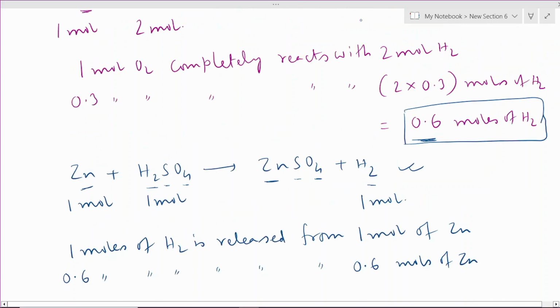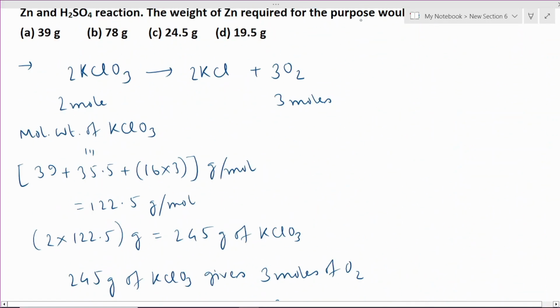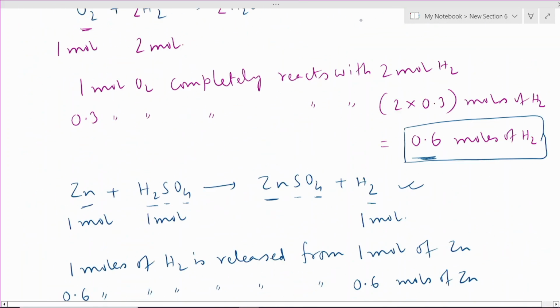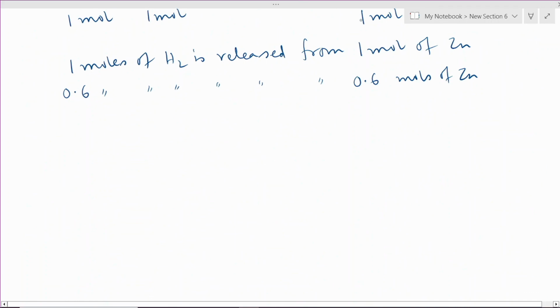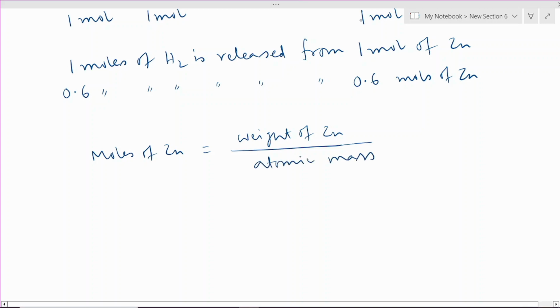Now the atomic weight of zinc is given as 65. So moles of zinc is weight of zinc upon atomic mass. 0.6 moles is required, and we have to calculate the weight of zinc.